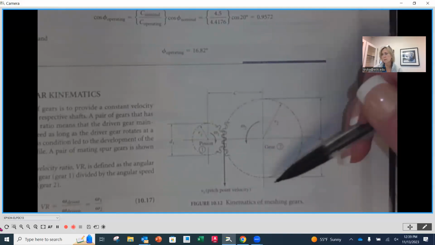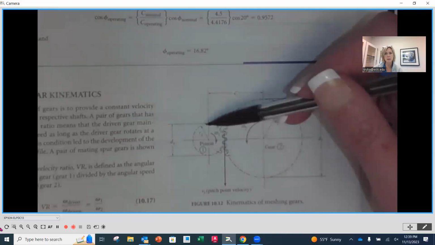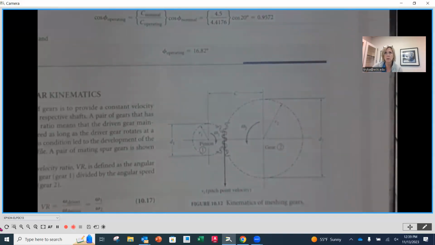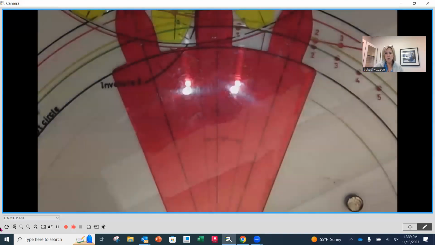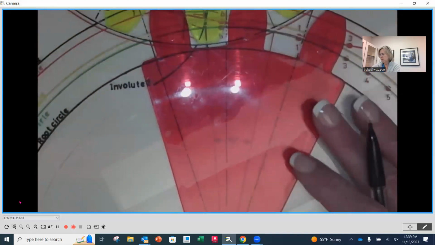The fewer teeth that we have around the outside, like the pinion here, the smaller that gear is going to be. So if we know the number of teeth and the diametral pitch of a gear, I can always figure out what its pitch diameter is going to be.